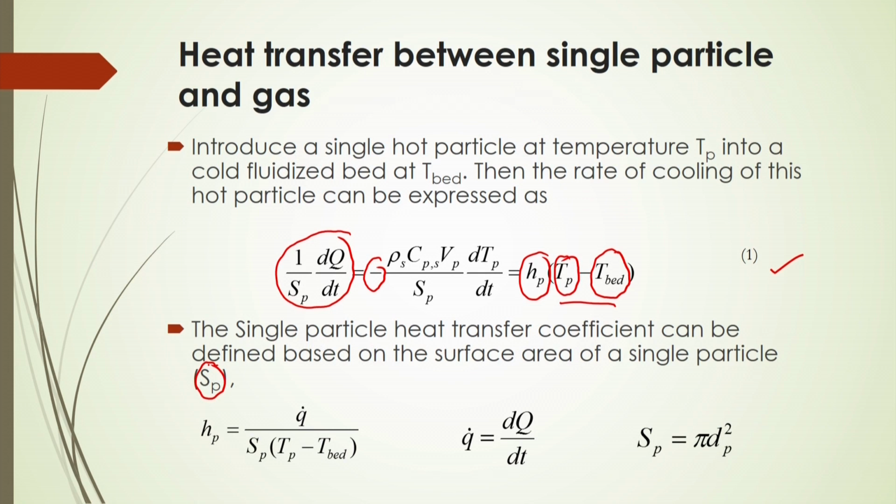So, h p will be equal to q dot, that means dq by dt, divided by the surface area of the particle into the temperature driving force T p minus T bed, and here Sp is the surface area of the particle, which will be calculated by pi dp square. That means if we know the particle diameter, then the surface area will be equal to pi dp square, if we consider that the particle is spherical.